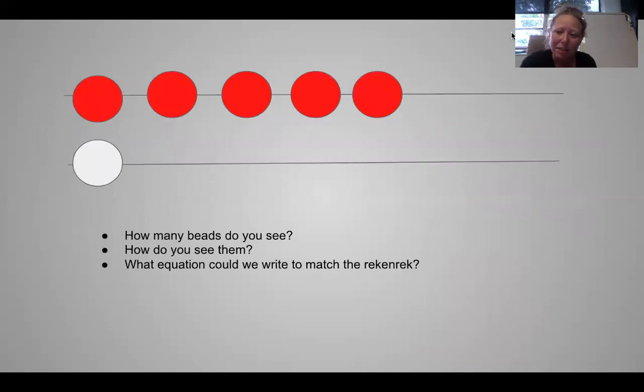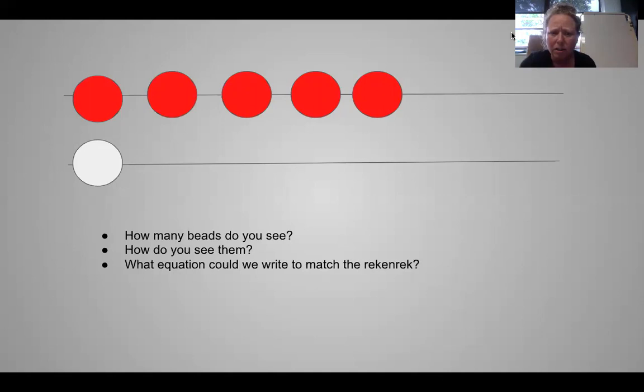How many beads do you see? How do you see them? Now the hard question.